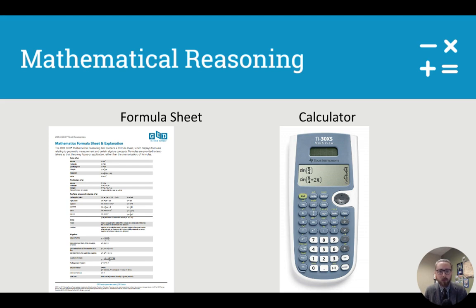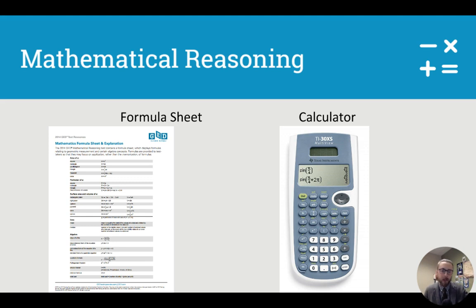There will be a few questions at the beginning of the test, quantitative questions, adding, subtracting, multiplying, dividing, where you won't be able to use a calculator. So you should know how to do long division by hand. I'm just going to throw that out there. But for most of the test, if you're doing surface area or volume, for example, you're probably going to have access to a calculator. And that's good news. If you don't have that physical specific calculator, there will be a button on the screen that says calculator.